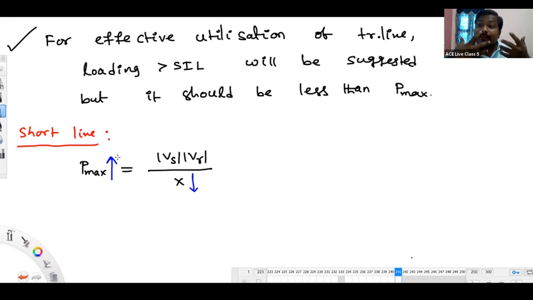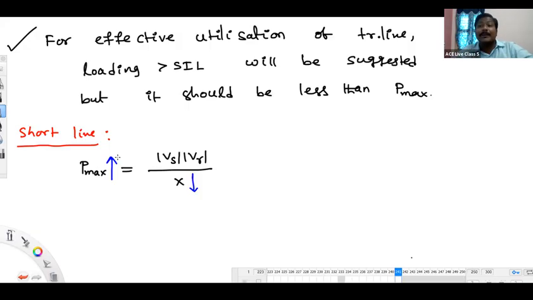But there is one more limit for loading on a transmission line, that is the thermal limit of the conductor, which we have not discussed till now. In the starting class we mentioned it once, but from that point onwards we have been keeping the loading only on the P maximum value. But now I am recalling the thermal limit.